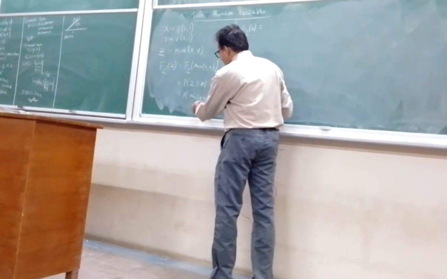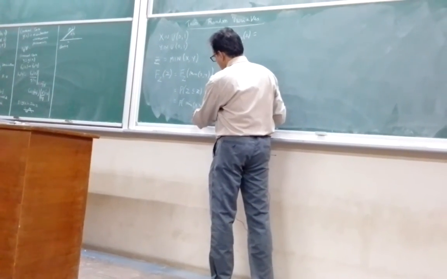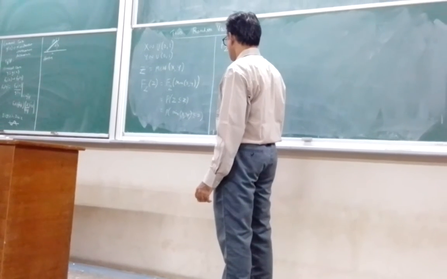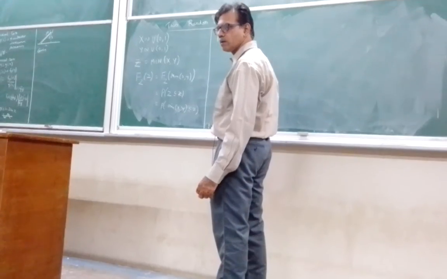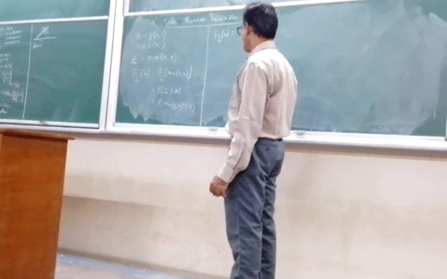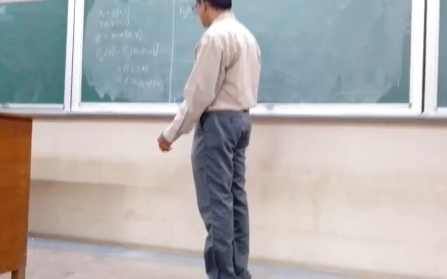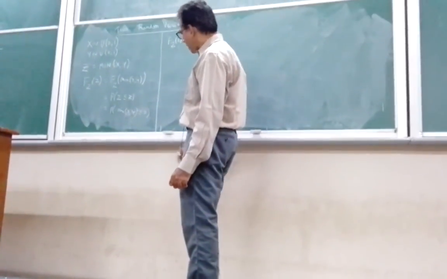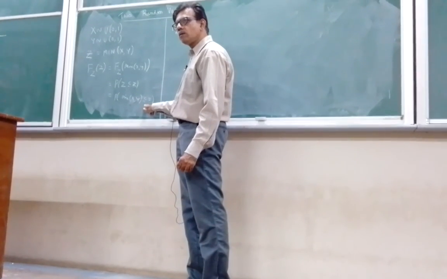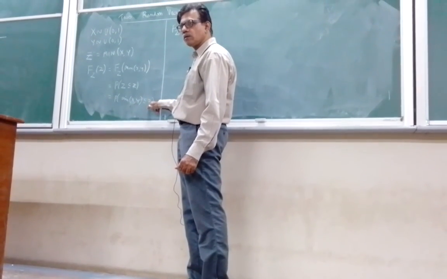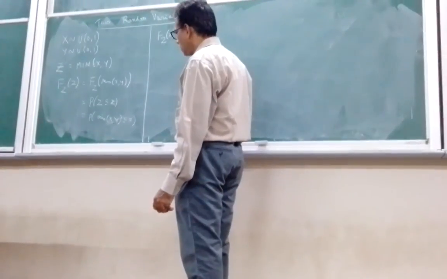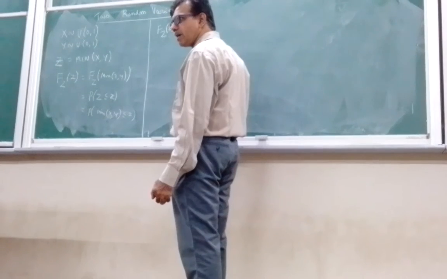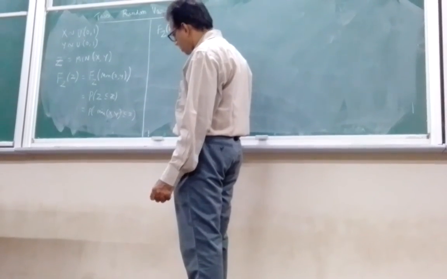So the minimum of X and Y has to be less than or equal to z. What does that mean? X should also be less than z, Y should also be less than z, because their minimum is less than z.